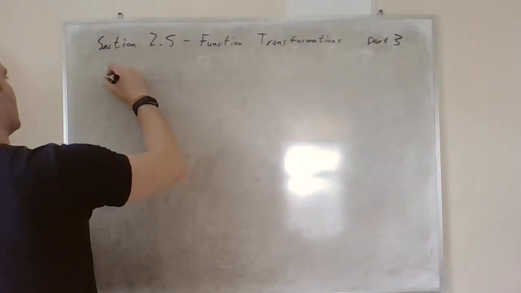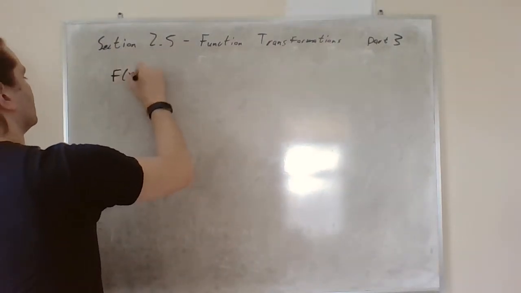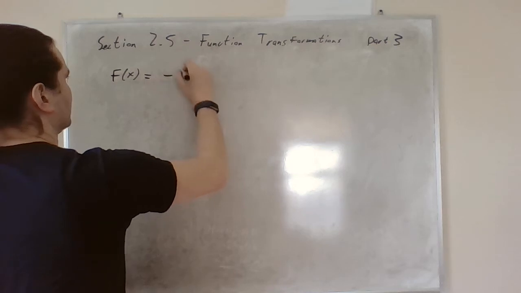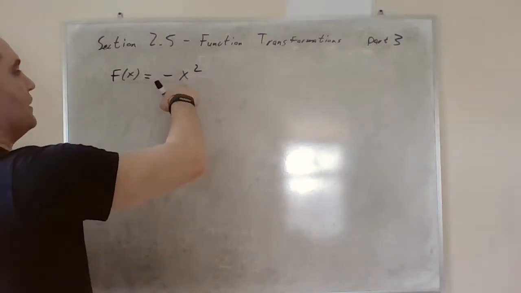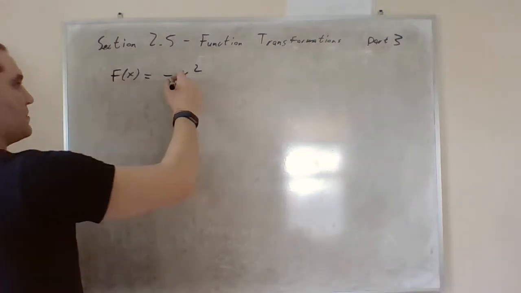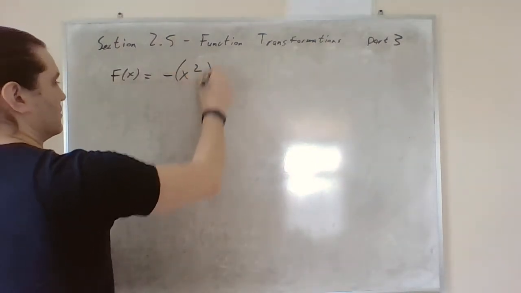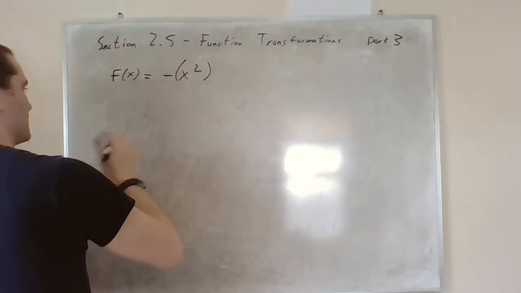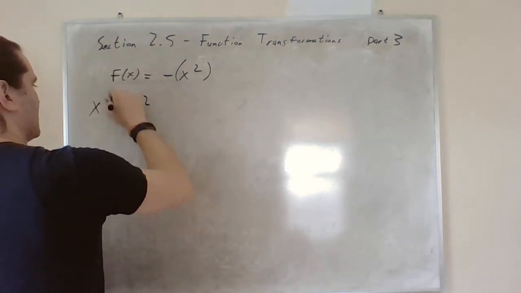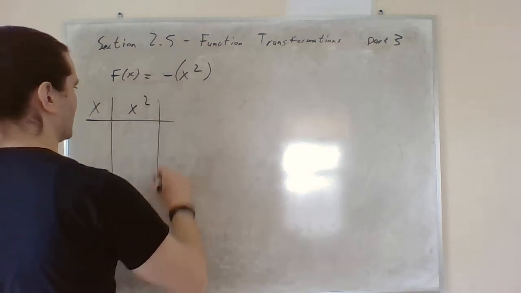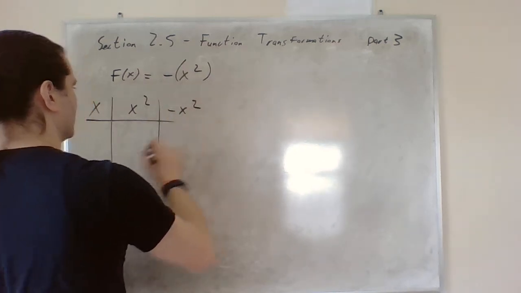I want to talk about f of x equals negative x squared. Seems like a good place to start. This transformation is happening on the outside. So I've got my x squared, then I'm going to make it negative, which means that when I make a table of values for this, the base function happens first, and then the transformation happens.